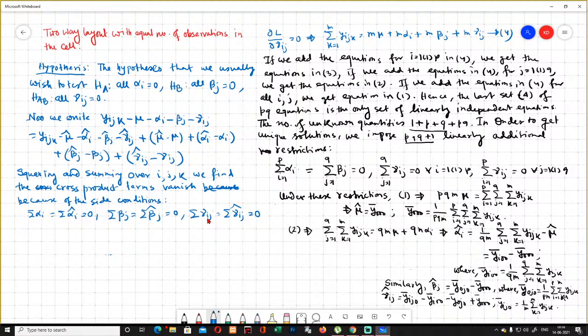These are the side conditions we already discussed in our previous class, for all i, and summation over i of gamma ij hat is 0 for all j.